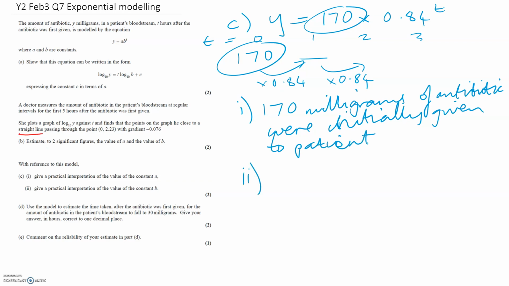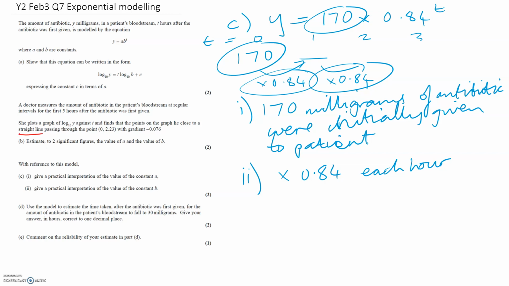Now, what does the b represent, what does that 0.84 represent? Well, as I said before, it's similar to a geometric progression. b is the common ratio, what you're multiplying by each time, and since you're multiplying by 0.84 each hour, that is in effect reducing the amount of antibiotic by 16% each hour.